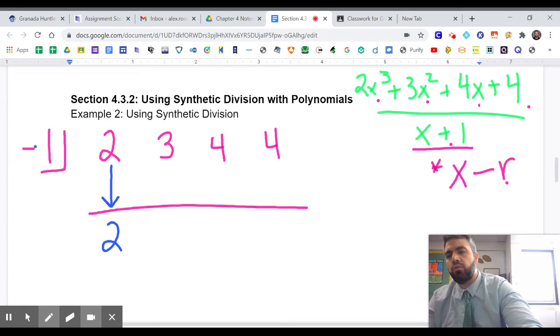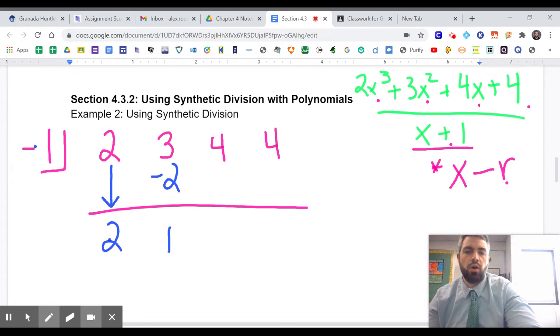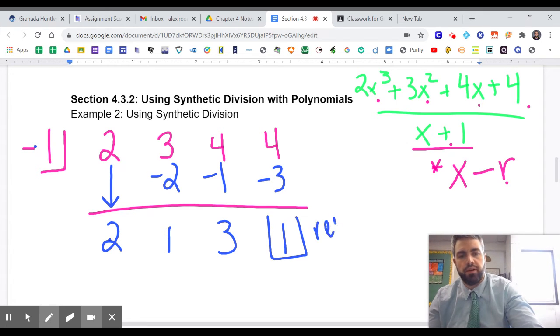Then -1 times 2 is -2, and we add down to get 1. Do the same: -1 times 1 is -1, and we get 3. -1 times 3 is -3, and we have a remainder of 1. So this is going to be our remainder.